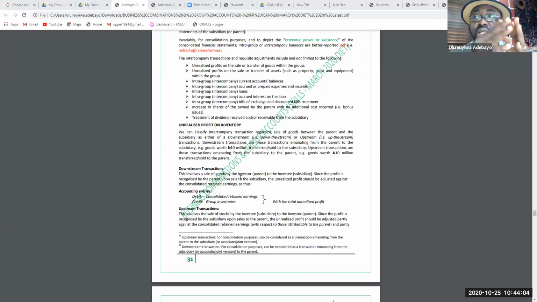I repeat, when there's a transaction between the parent and the subsidiary that involves sale of goods, these have to be analyzed into the portion that is realized and the portion that is unrealized. Now, how do we know? We ask ourselves a simple question.